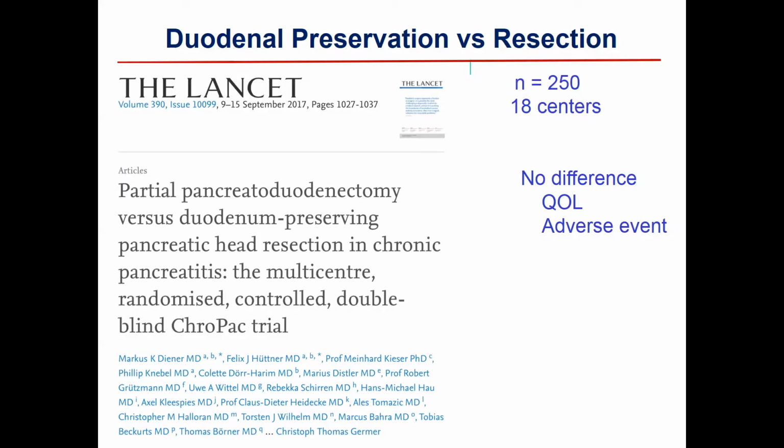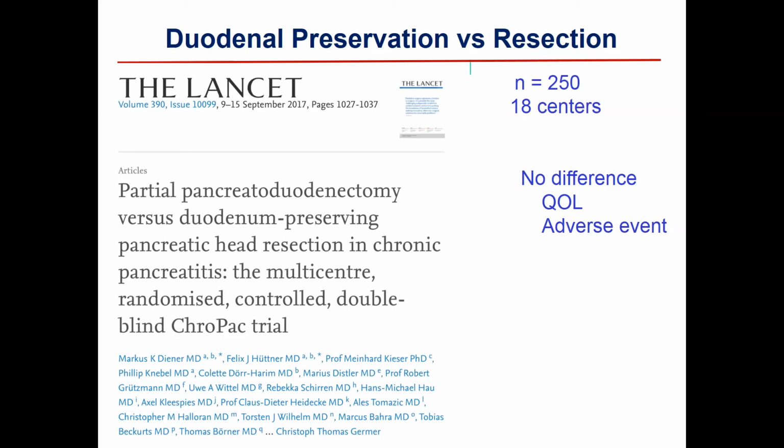So the best paper that came out last year in the Lancet was an 18-center European study that compared the Whipple versus the Berger, principally. And what it showed was there were 250 patients across 18 centers, and at the end of the day, there was no significant difference between the total pancreatic procedure and the partial pancreaticoduodenectomy between the groups.